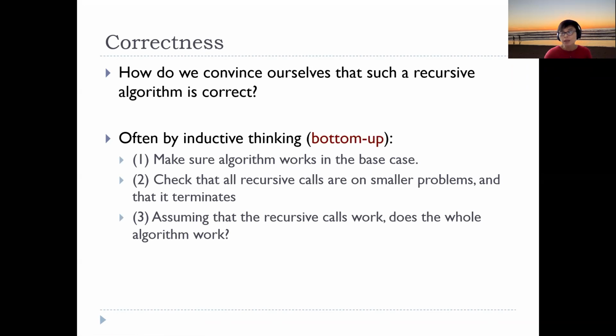All right, so here are the typical steps you take, okay? Usually this is done by inductive thinking, namely you go bottom up. Okay, why do we do that? Well, the way the algorithm works is that it starts from an original problem, and then it breaks it into pieces and then recursively calls the same algorithm down.